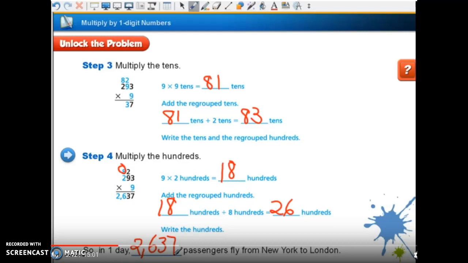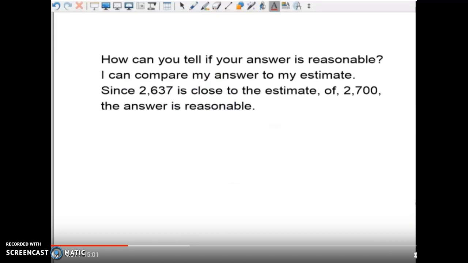Look back up in step 1. What did you estimate it to be? 2,700. Is 2,637 close to 2,700? Yes. So we can think that our answer is probably correct. Okay. This is at the bottom of page 27.